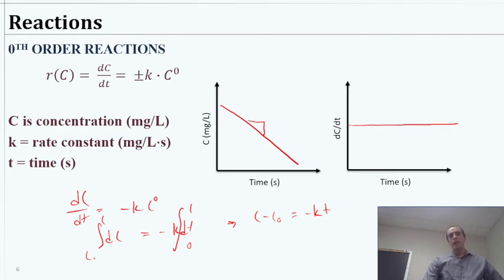And then if we look at the plot and rearrange to solve for C at any given time, we can say that's equal to the initial concentration minus that reaction rate constant times however much time it is. So it turns out this slope here is k. Right, so that's kind of y equals mx plus b in a sense.